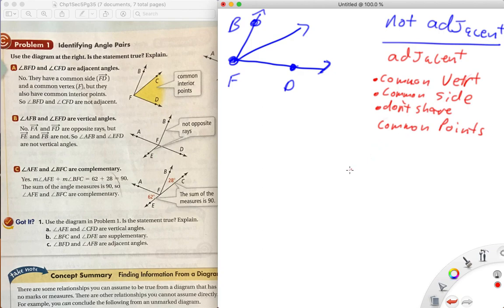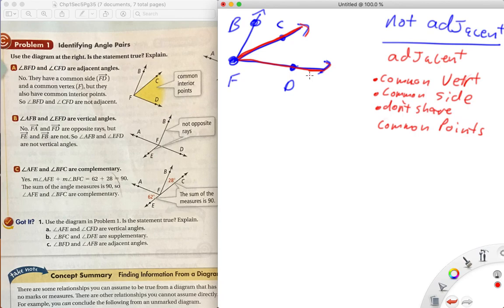Okay, in the case of BFD, BFD is the big angle, and the other one is CFD. That's this guy, and here is angle C, angle F, and angle D in red. So that's the one angle, and the overall angle is angle BFD.